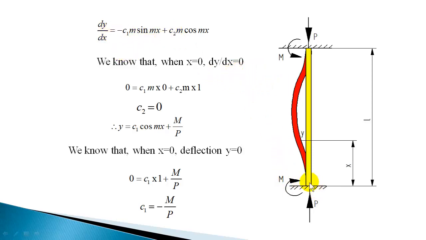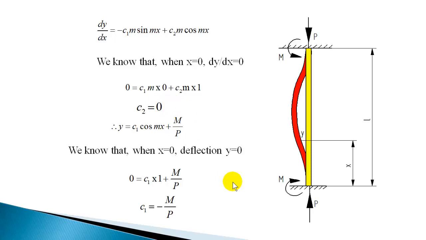Now we are using deflection 0: x is 0, deflection is 0. So you can substitute y as 0 when x is 0. So C1 cos 0, cos 0 is 1, so C1 into 1 plus m by p is 0, and you get the constant C1 as minus m by p. So constant C1 is minus m by p and C2 is 0.